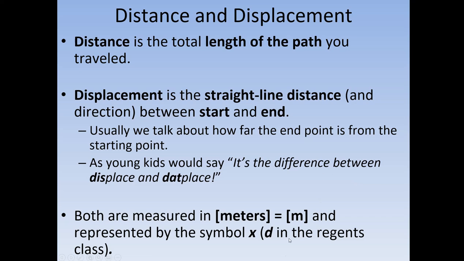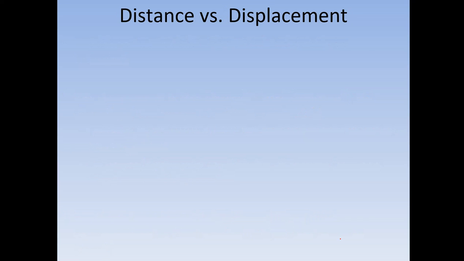And then when you go to find displacement, because displacement is the change in your position, between where you start and where you end, a lot of times displacement's actually given the symbol delta x. But pretty much the same thing. Though in regents or in another class, you would most likely see distance and displacement given the symbol d. You'll probably see me go back and forth between them, or at least in this beginning part.